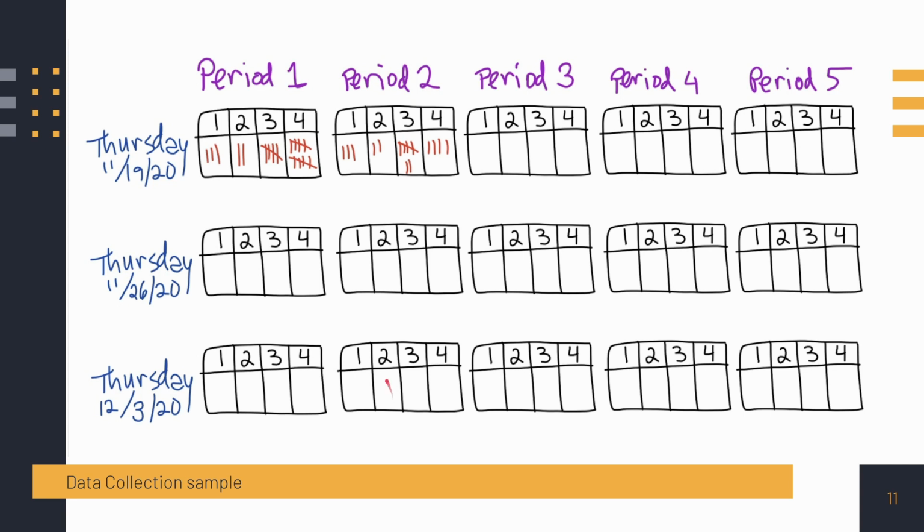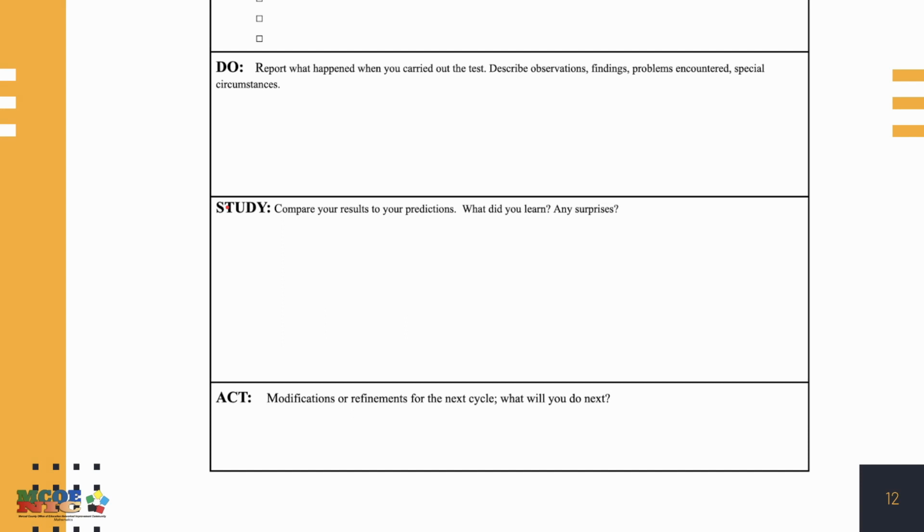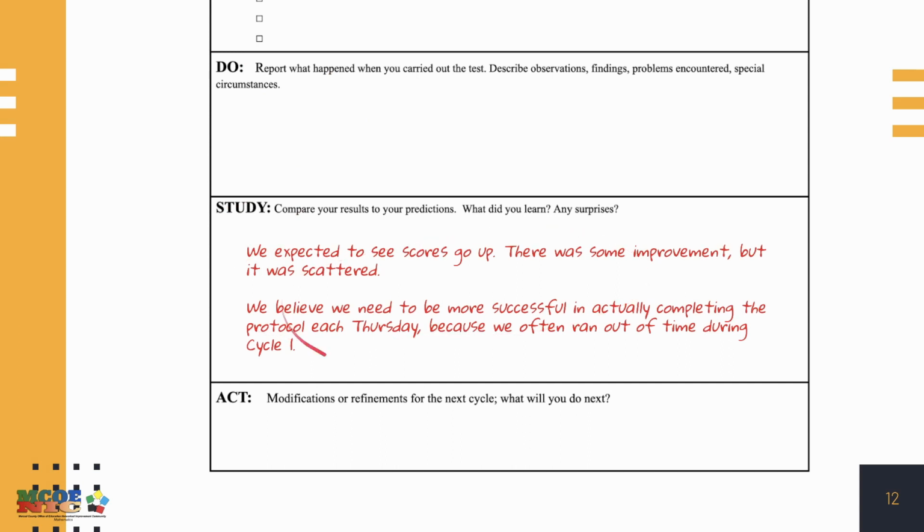It can be something as simple as a piece of paper and you taking tally marks of student behaviors or whatever. So it does not have to be super official kind of data, but you do need to collect that data, right? Because once you've done that, you've collected your data and you've reported on it, now you're going to study it. Let's look at the data.